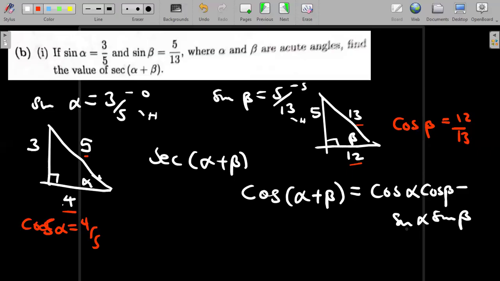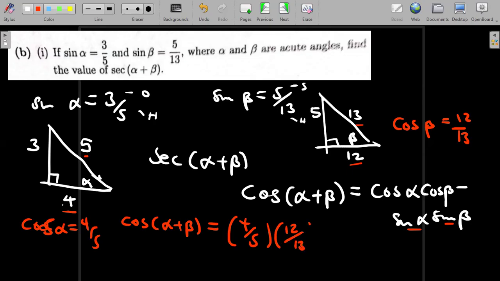Then we have sine alpha and sine beta, and we can replace those. So cos of alpha plus beta is equal to cos alpha, 4 over 5, times cos beta, 12 over 13, minus sine alpha, 3 over 5, times sine beta, 5 over 13.